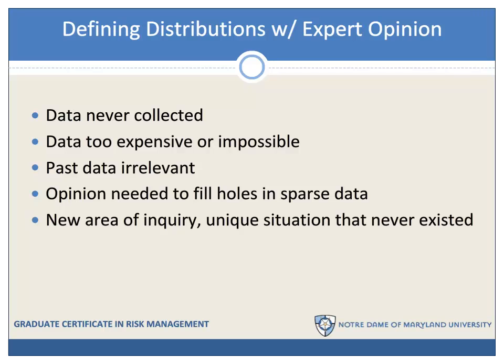Sometimes you will have gaps in your database, perhaps because the experiments that have been performed to date didn't cover the range of doses, for example, that you're interested in. And you might need to get expert opinion to fill those holes in some sparse data. In other instances, you could be looking at a new area of inquiry or a unique situation that never existed.